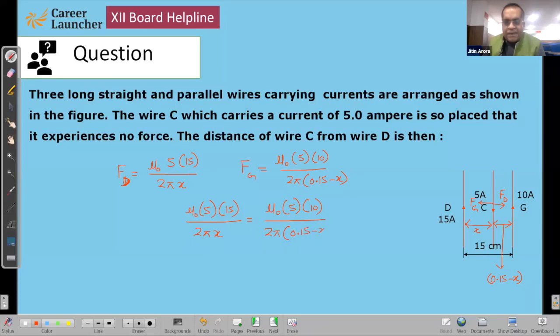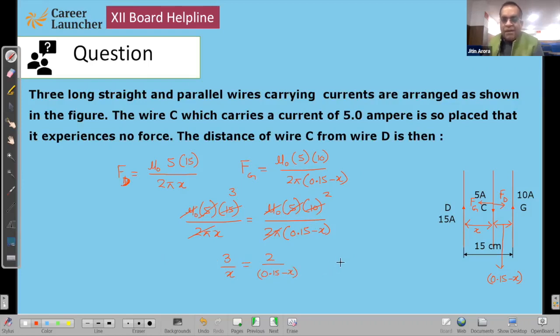So 2 pi gets cancelled, mu naught gets cancelled, 5 gets cancelled. This is 5 3s are, this is 5 2s are. So we get 3 by X is equal to 2 upon (0.15 minus X).